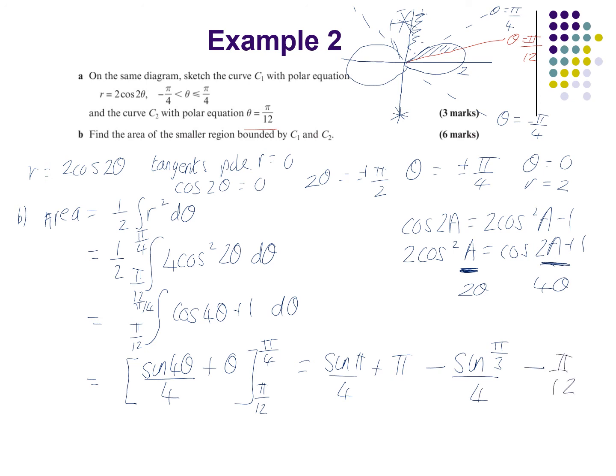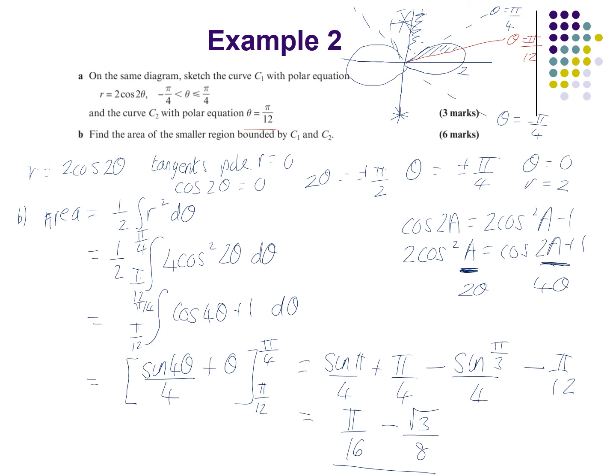That should be a pi by 4 there, shouldn't it? Because it's a theta. So evaluate these bits. Sine pi goes to 0. I can collect together the pi by 4 minus pi by 12, which your calculator gives you pi by 6. Sine pi over 3 is root 3 over 2, so I get root 3 over 8. And I'd leave my answer like that.